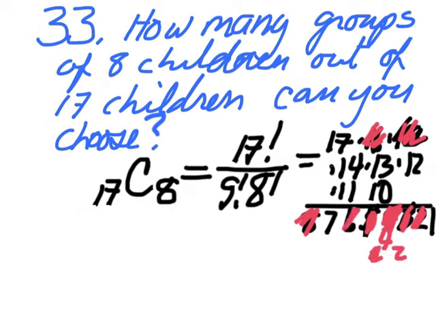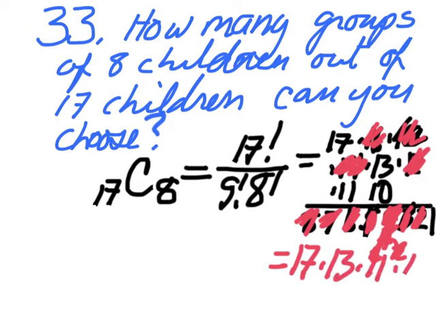We'll take one of the 2s and the 6, cancel with the 12. And the other 2 and the 7, cancel with the 14. So if you work it right, you can pretty much cancel almost everything. My solution is just 17 times 13 times 11 times 10, and you can probably multiply that out by yourself. When you have lots of canceling to do, you're almost always going to be able to cancel the denominator, but you might have to do what I did here with the 4 and split it up into 2 times 2 and cancel it in 2 different places.